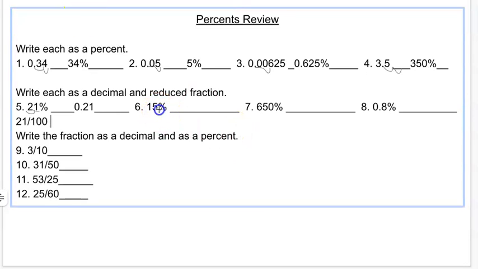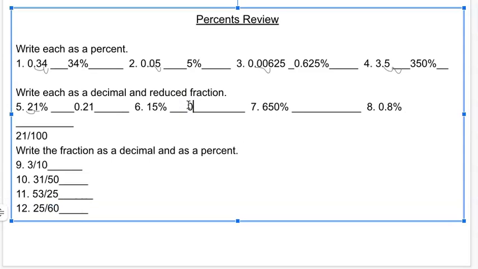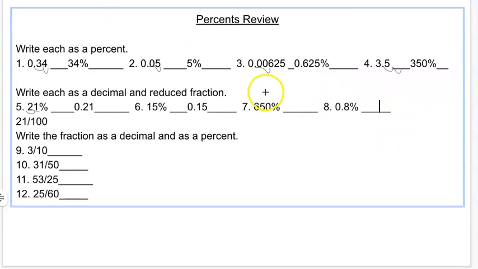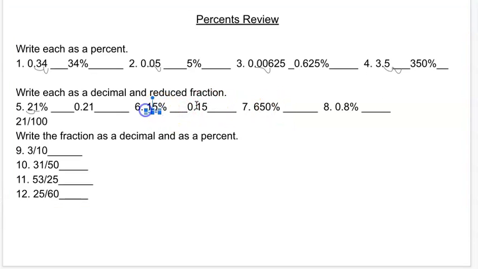Number 6, put a decimal after the last digit. 1, 2 would be 0.15. We keep going. Decimal after the last digit, 1, 2. After the last digit, you go 1, 2.